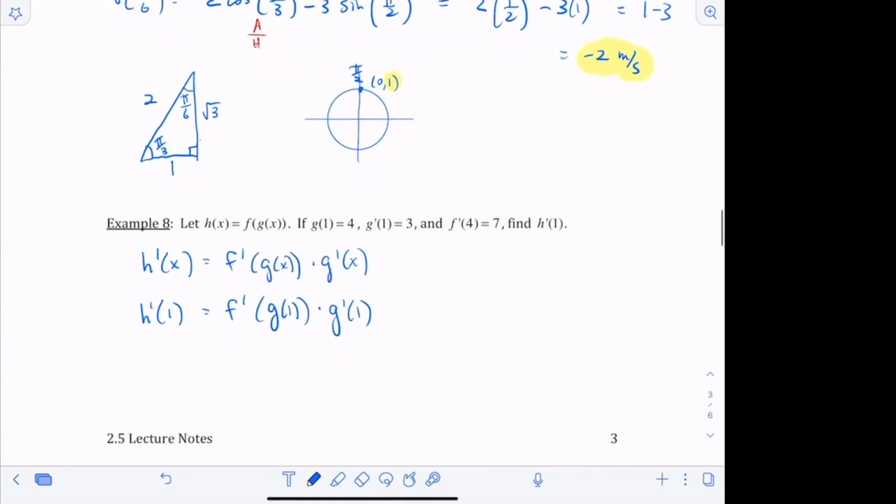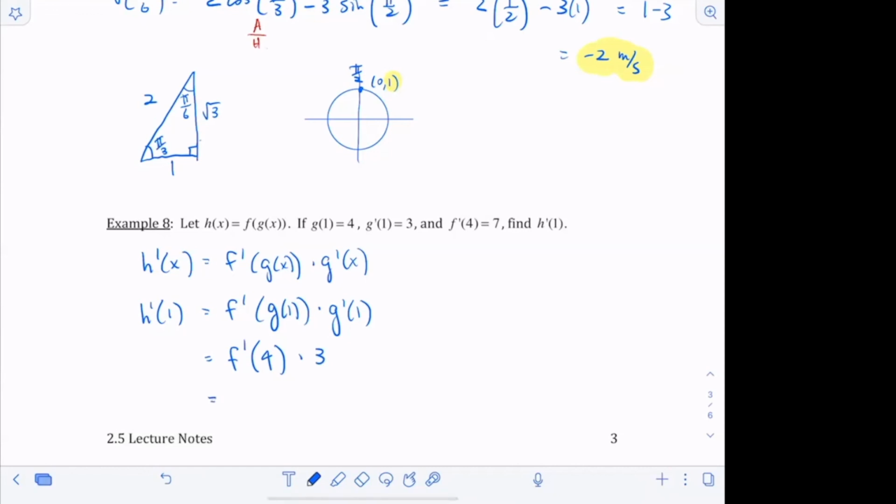Okay. Then I know what g of 1 is. G of 1 is 3. So put f prime of 3 times g prime. Wait, g of 1 is not 3. G of 1 is 4. Sorry. G prime of 1 is 3. So I write in the 3 there.